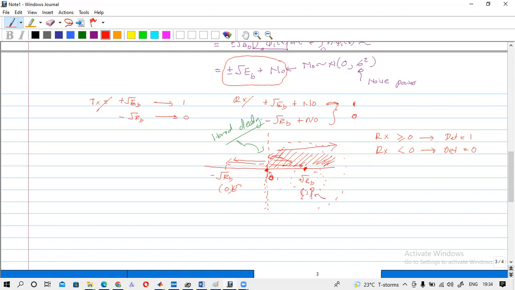So that will be my detected bit. I assign it to 1.